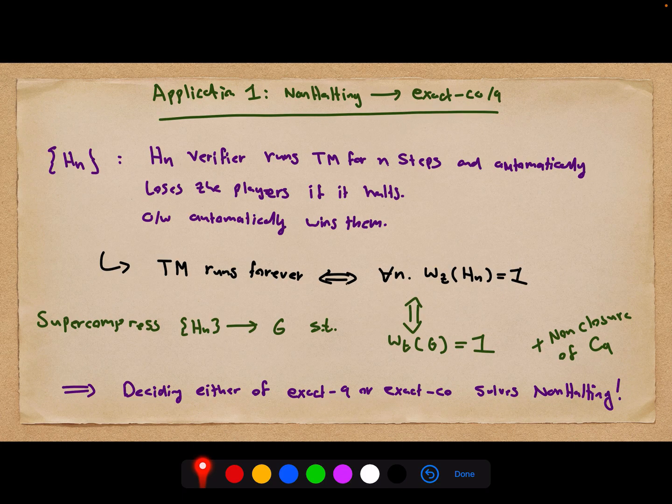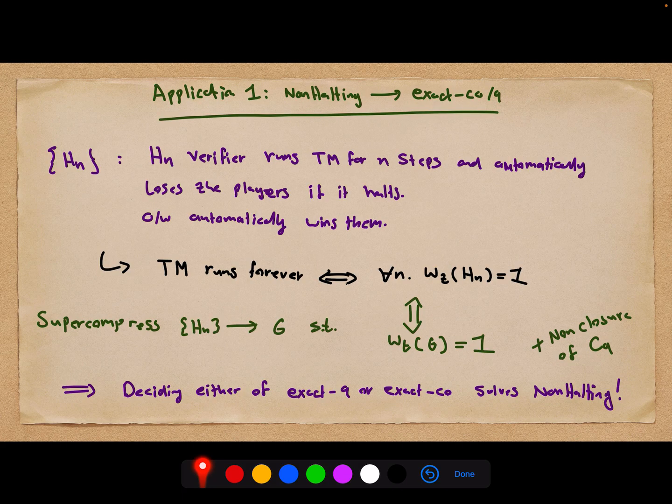And let's also note that this immediately also gives an alternate proof of the non-closure of the set of quantum correlations, which was originally proven by William Slofstra, since we've produced a single game that has a quantum value 1 if, for example, the original Turing machine was running forever.